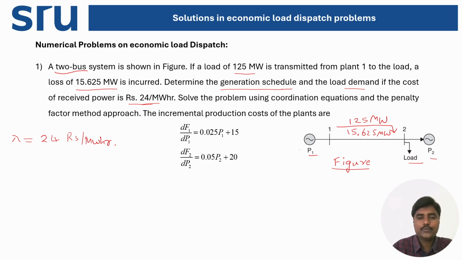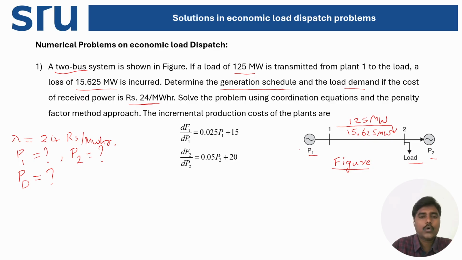Here we have two power plants connected in the power system, so determining the generation schedule means determining the individual units' power outputs. We have to find the P1 value and also the P2 value. And once you find P1 and P2, you also need to find the power demand, that is the PD value.